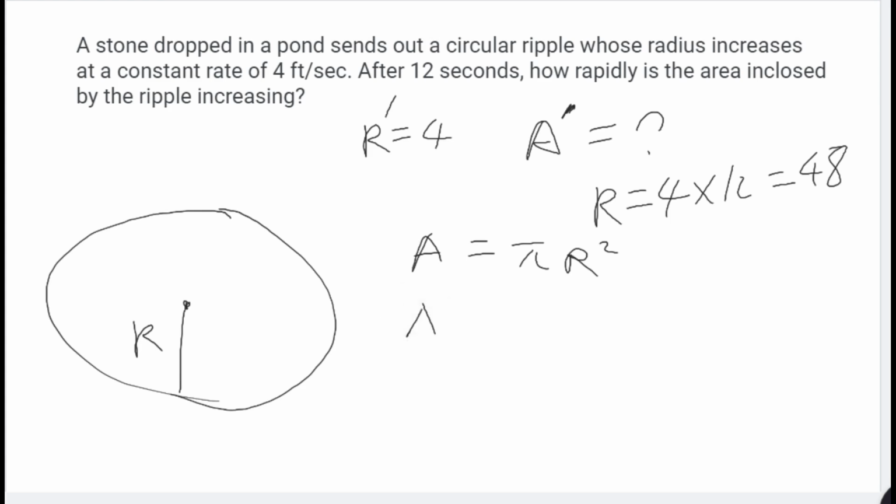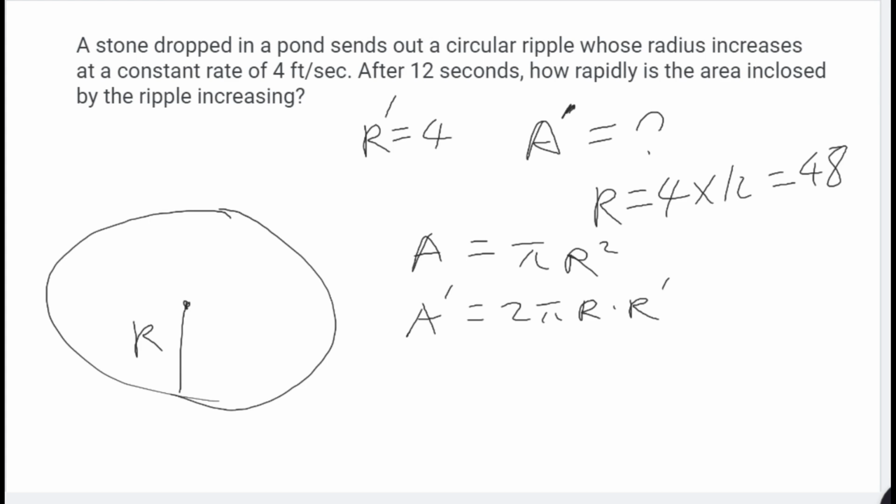So A prime equals 2 pi r r prime. r is a function, so r squared is a composite function. Pi is a number. So just bring the 2 down, reduce the power by 1, then differentiate r, the inner function.